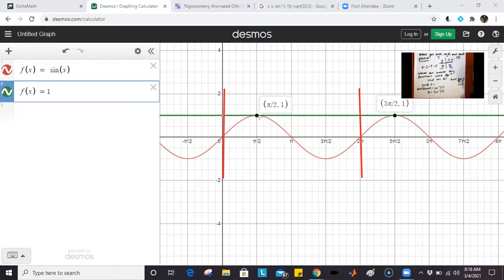Oh, now we only have one answer here where f of x equals 1 intersects sine of x. So sine of x equals 1 at only one place, which is this pi over 2, which we may remember is 90 degrees. So the whole point here was we had to restrict our domain, just find answers in a certain space, because otherwise we would have infinite answers, which is too many answers.